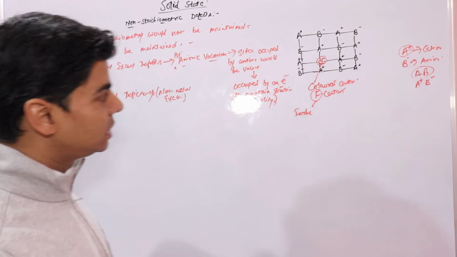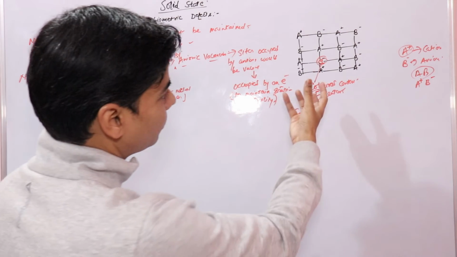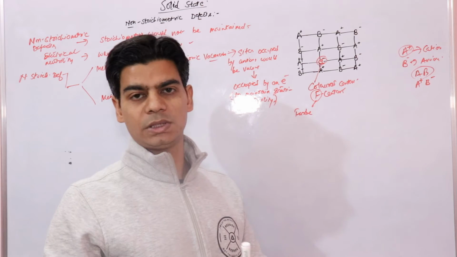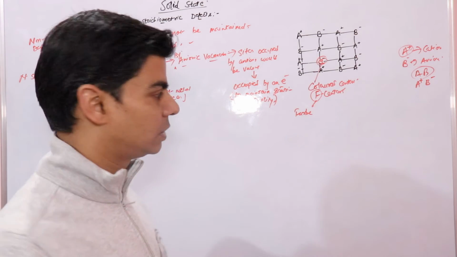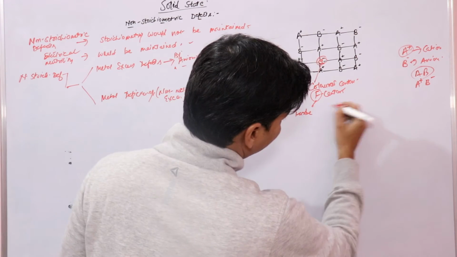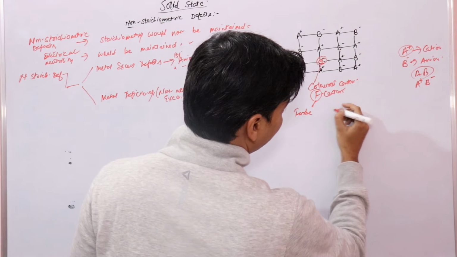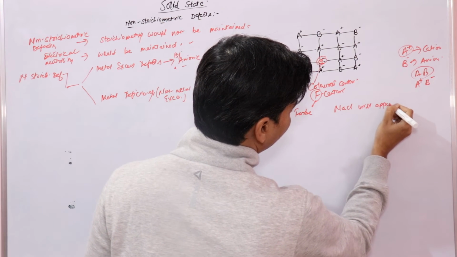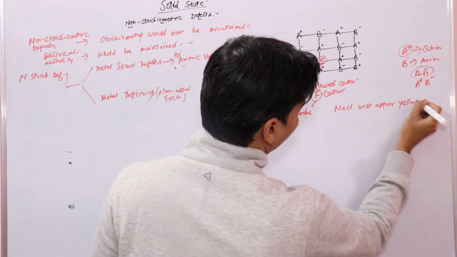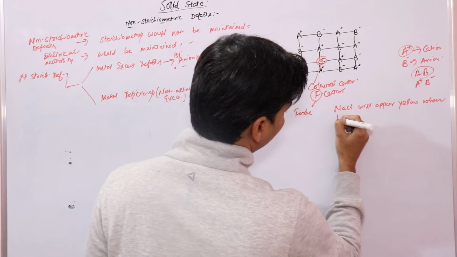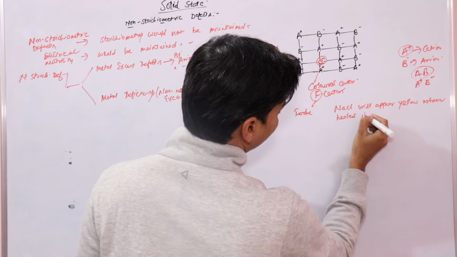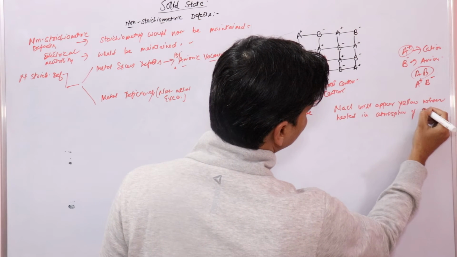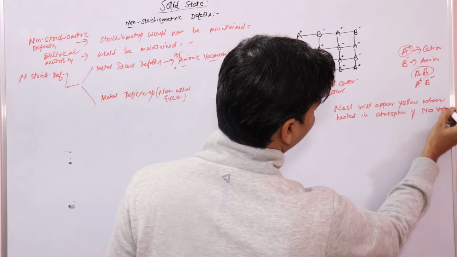Now let's quickly see how this anionic site would become vacant and how the place of this anionic site would be occupied by this electron. This happens when, let's say, sodium chloride appears yellow when heated in an atmosphere of sodium vapors, right?